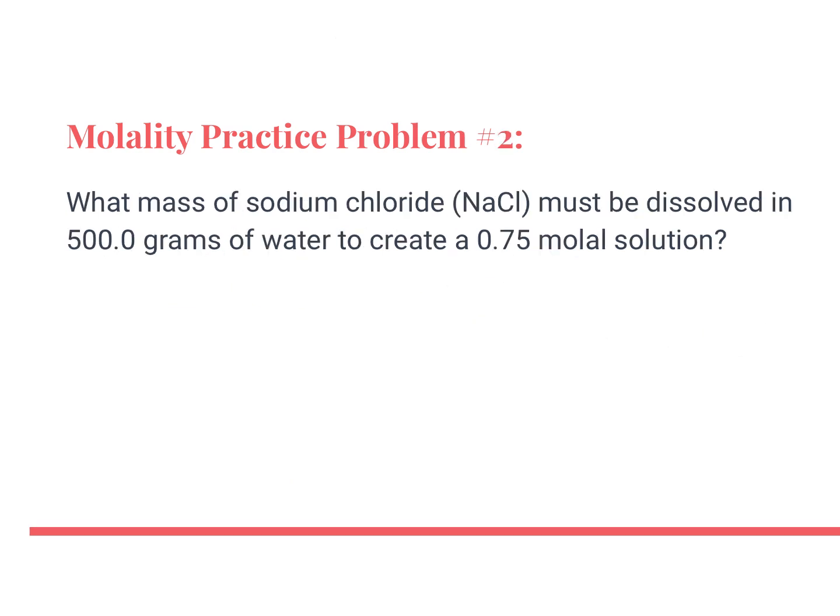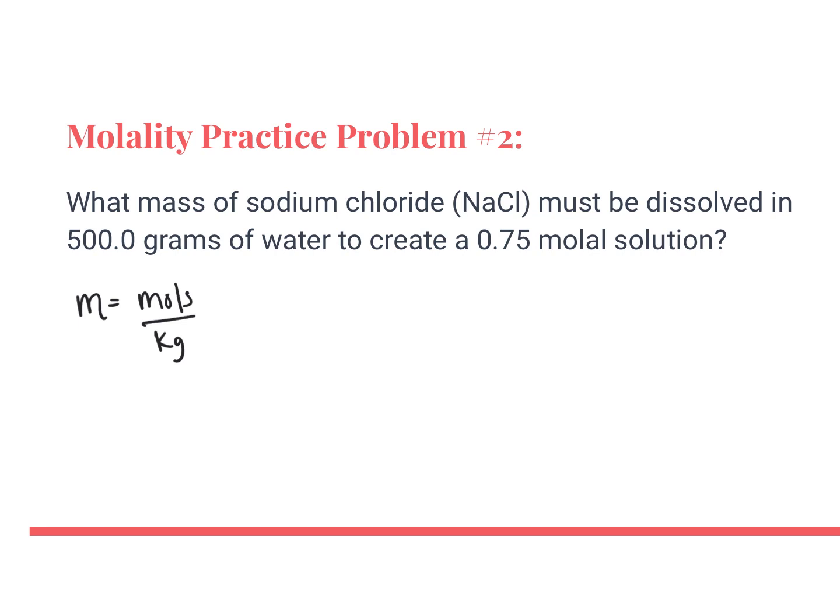All right, this time we're going to figure out what mass of sodium chloride must be dissolved in 500 grams of water to create a 0.75 molal solution. Okay, so we're going to use our equation for molality. So molality is equal to moles per kilogram.